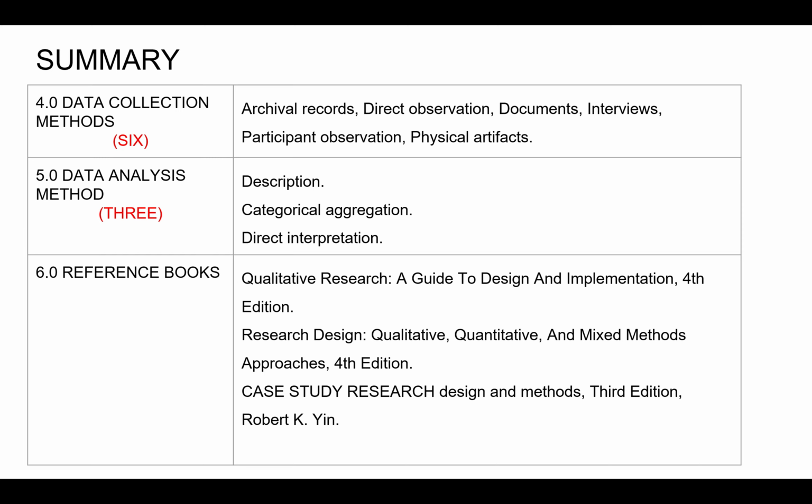The collection methods are archival records, direct observation, documents, interviews, participant observation, and physical artifacts. The calculation methods are respectively description, categorical aggregation, and direct interpretation. I will, of course, cover these parts in more detail for you in a moment. There are also a few reference books that I recommend to you, so if you need them, you can pause the video to take notes.